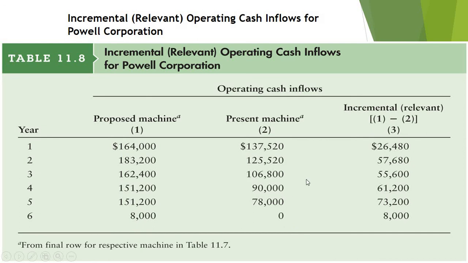If we deduct the operating cash inflows of the present machine from the proposed machine, we'll get the incremental operating cash inflows for Powell Corporation. So the final row shows the incremental operating cash inflows for Powell Corporation over the next 6 years.